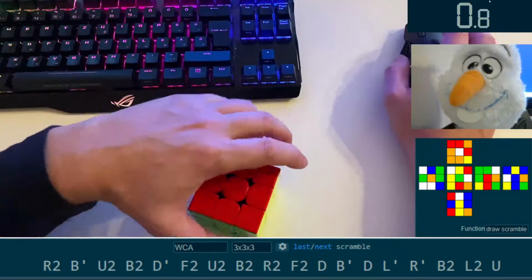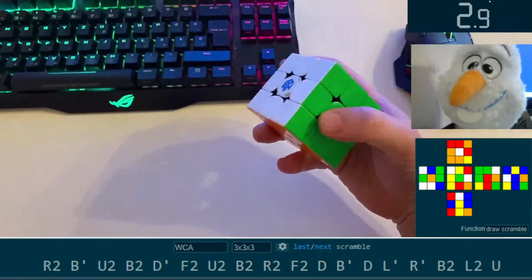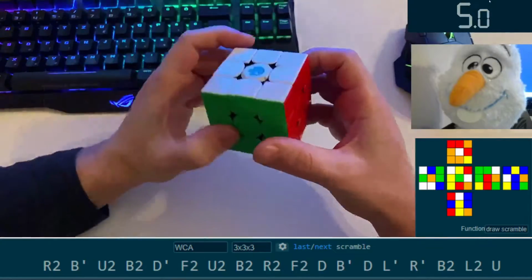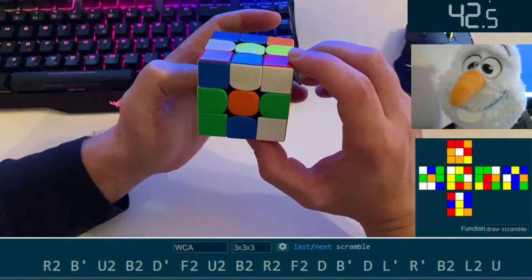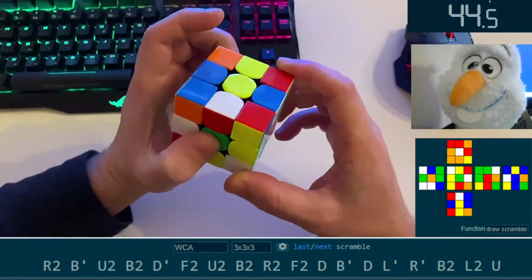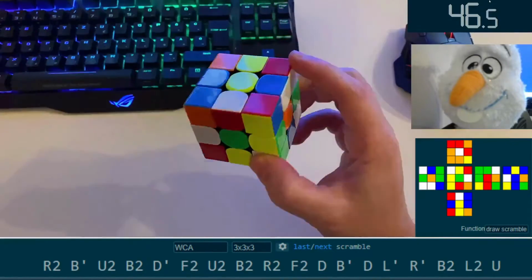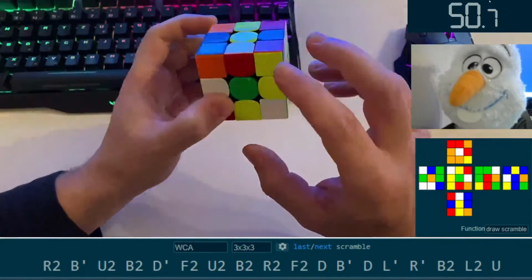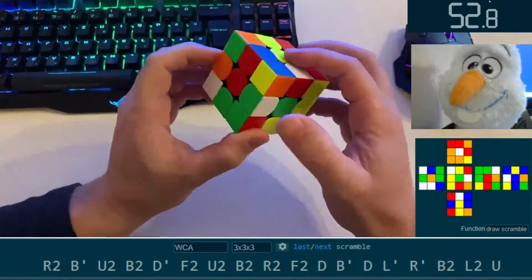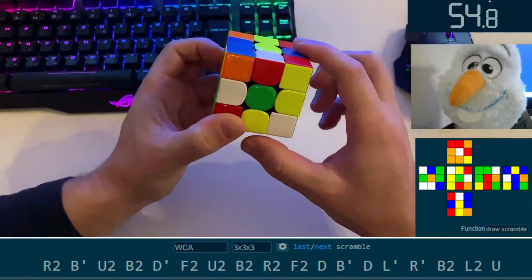Starting the timer, and then white up, green facing, and edges are here, here, here, and here.